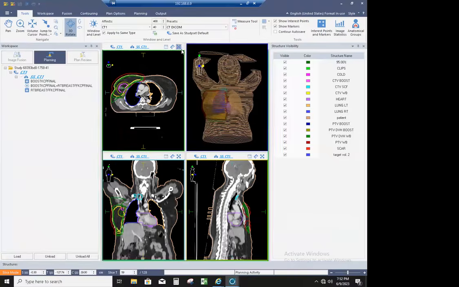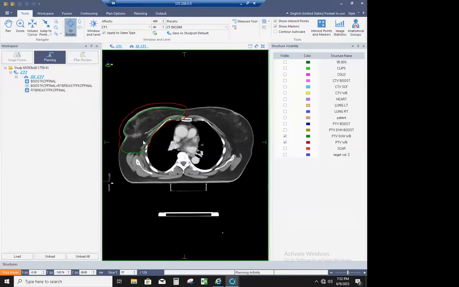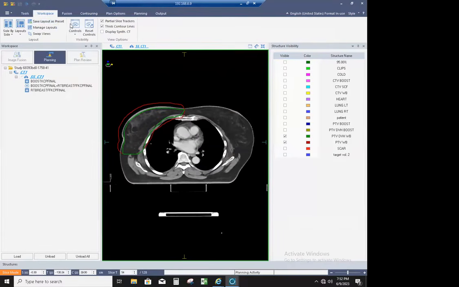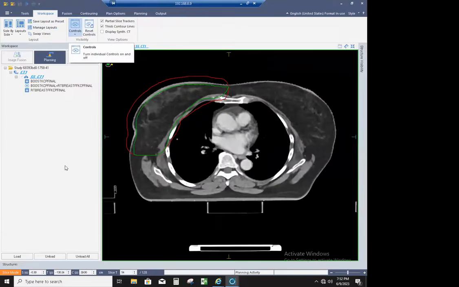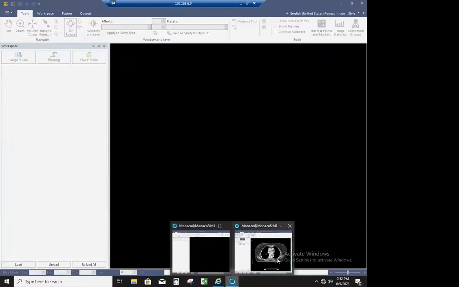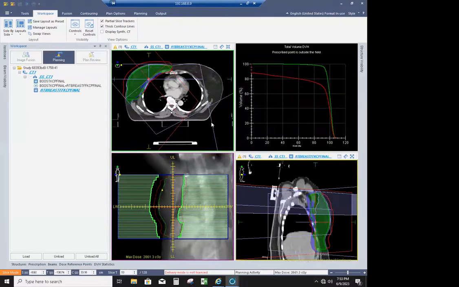We have a plan for the fast forward guideline, and these are the things you have to see: PTV whole breast and DVH. Still, we planned with 3D CRT.